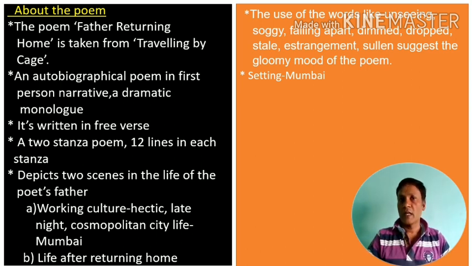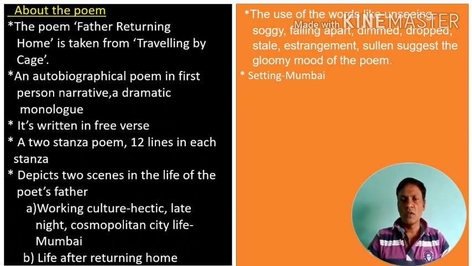The poem describes 2 scenes of his father's life. In the first stanza, the poem describes the working culture, the hectic late night cosmopolitan city life in Mumbai of his father, and the second stanza describes the life of father after returning from his work to home.